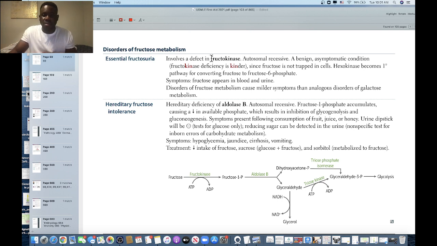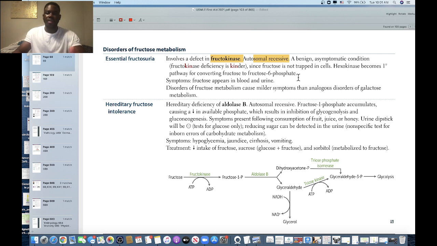Most enzyme deficiencies, like 80%, are autosomal recessive. So just take note: if you don't know and it's an enzyme deficiency, it's autosomal recessive. Just a few of them are not. It's benign and asymptomatic. That's why they say fructokinase deficiency is kinder. Since fructose is not trapped in the cell, hexokinase becomes the primary source of converting fructose to fructose phosphate.